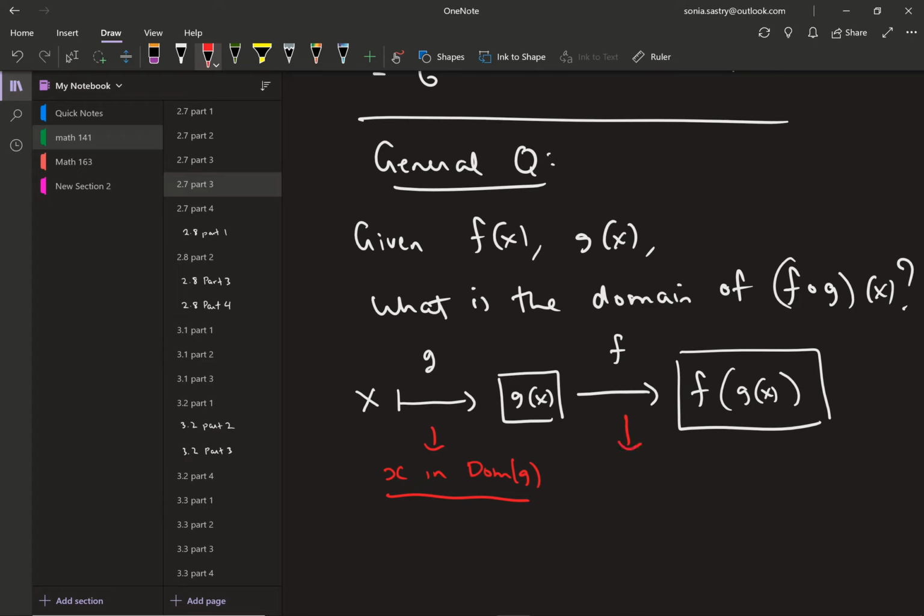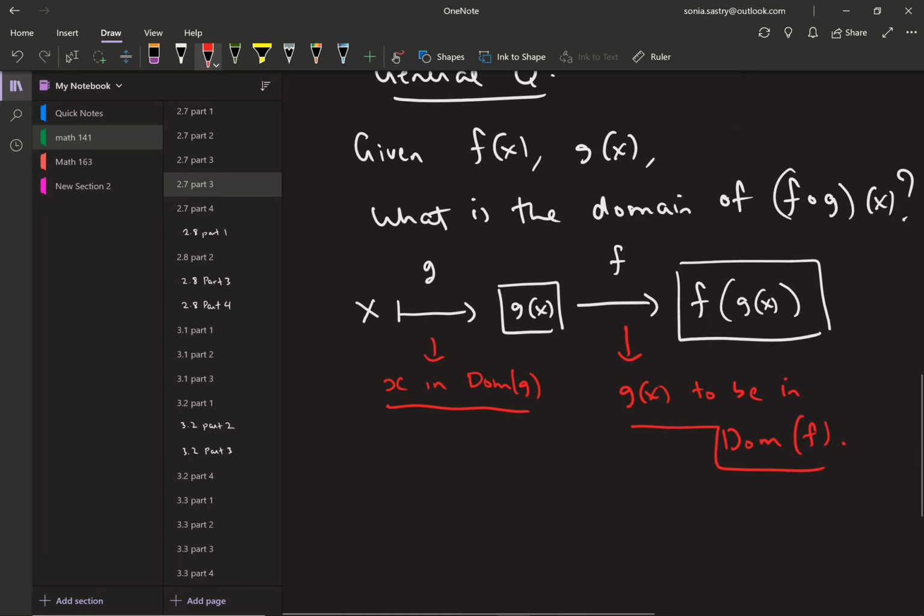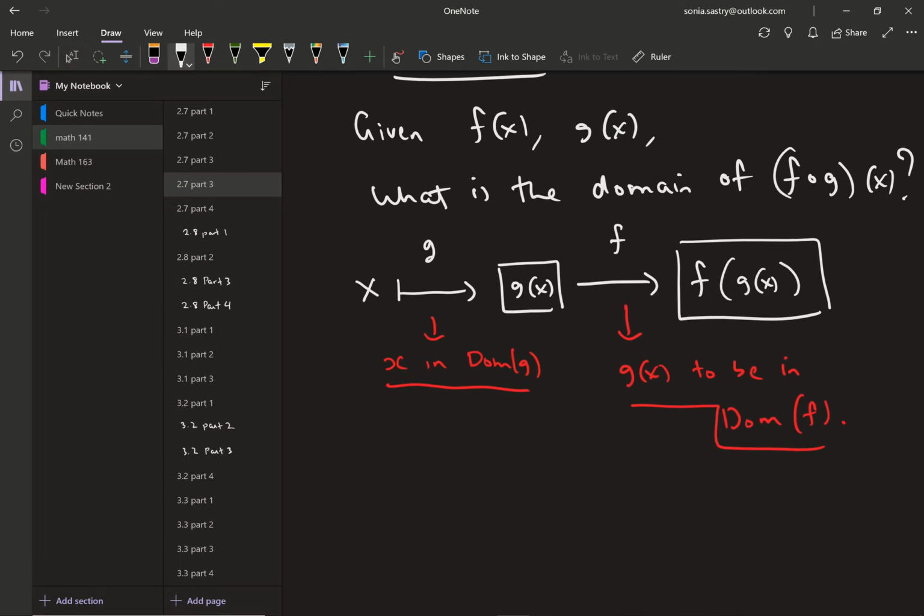The second stage takes g of x and plugs it into f. Well, that requires g of x to be in the domain of f. And those two conditions together define the domain overall.